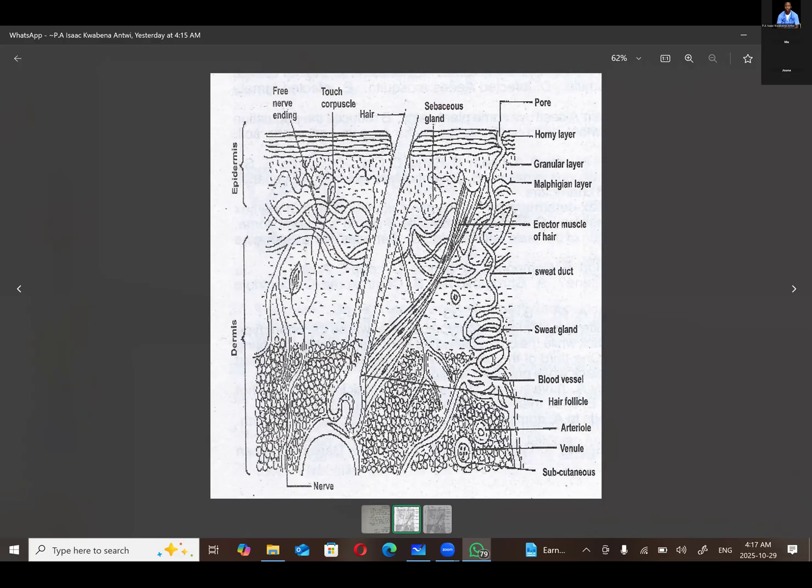So it's called the hair bulb. Then we also spoke about the sebaceous gland, which you see here. What was the function of the sebaceous gland? It produces oil.